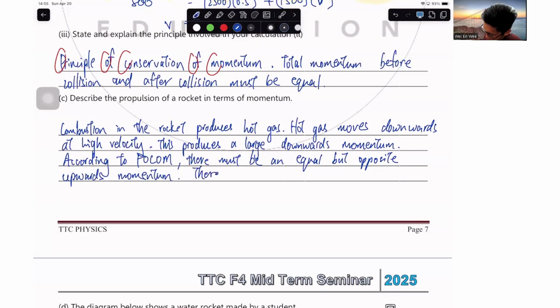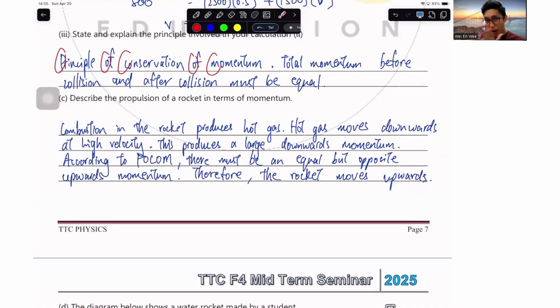So therefore, the rocket moves upwards. Okay, the rocket got no choice but to go up. Yeah, so I can use this for anything.